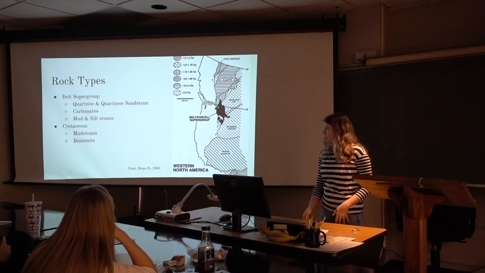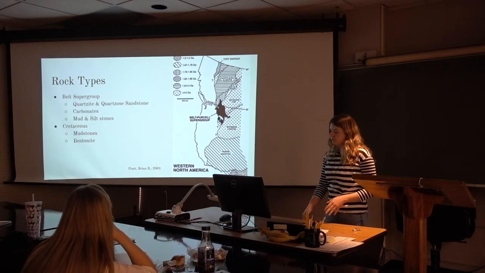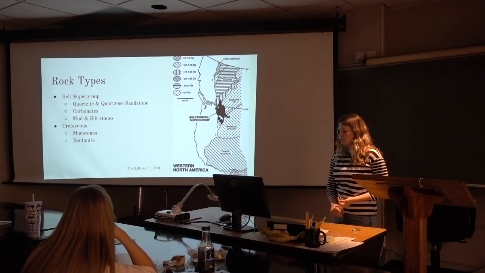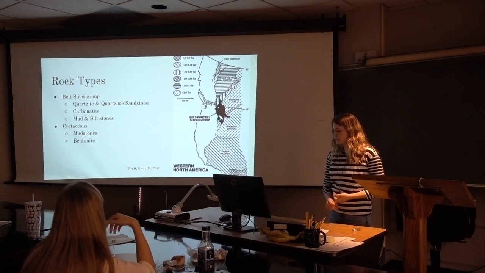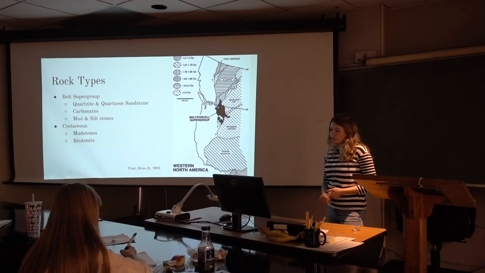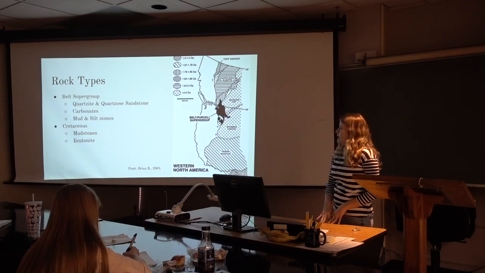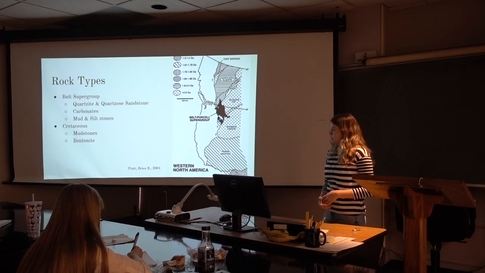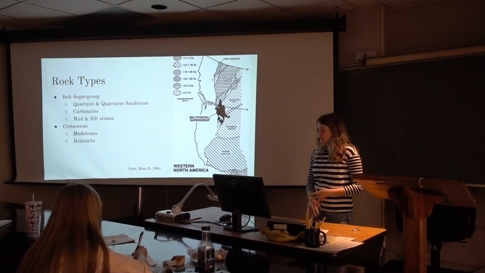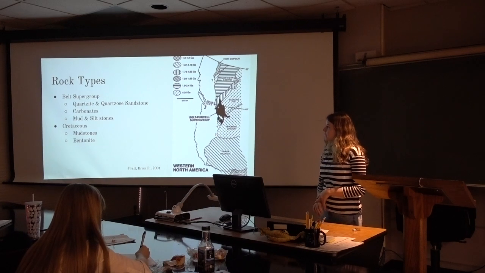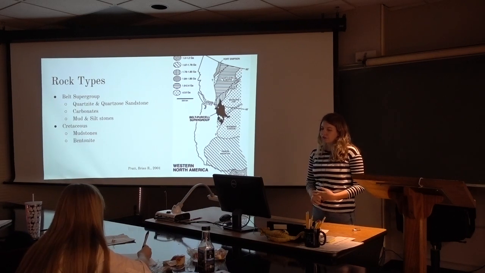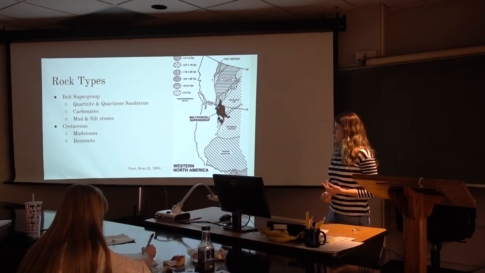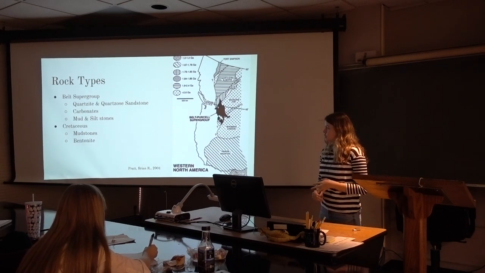So then the different rock types that we actually see in the Lewis Overthrust: our belt supergroup is composed of marine sandstones, carbonate rocks, and then mud and siltstones. The whole belt supergroup has been weakly metamorphosed, so our sandstones have turned into quartzites, and our limestones have turned into dolomites, and there's marble.